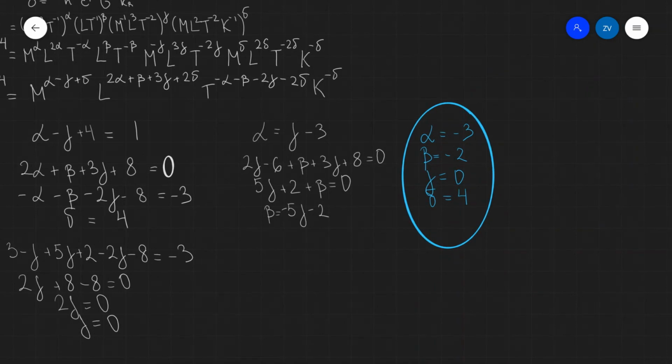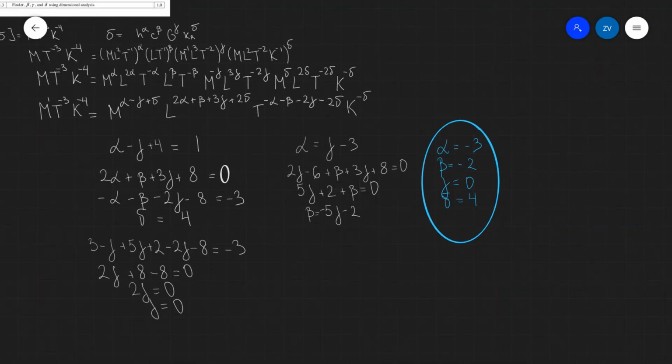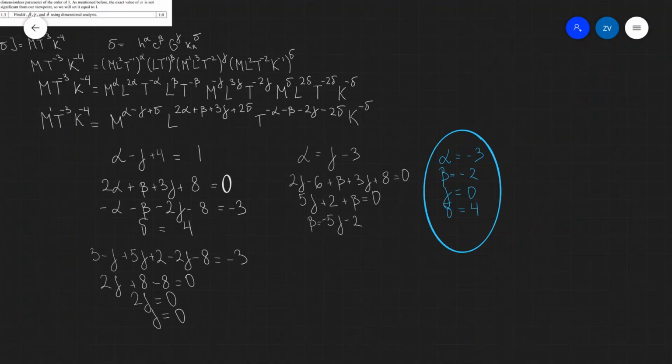We've managed to find the coefficients, and what we can do finally is just rewrite this equation so that the Stefan-Boltzmann constant is expressed in terms of those fundamental constants. I'm just going to do this over here.